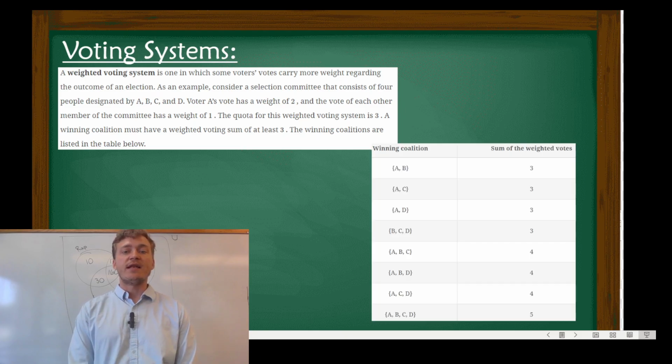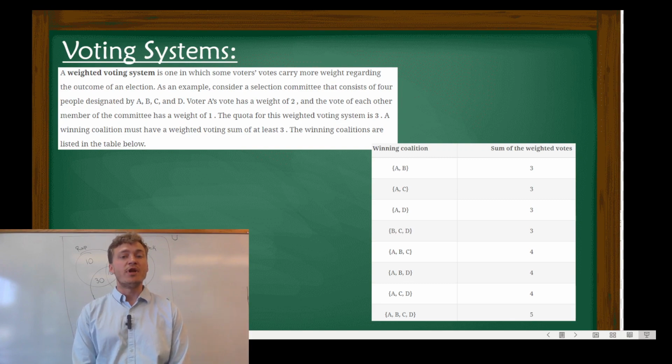Note in this case that in some instances, a winning coalition does not need a majority vote. Because voter A has a larger weight, it carries a larger significance towards the sum of the votes. In this case, a winning coalition could consist of only 2 people as long as voter A is in that coalition.